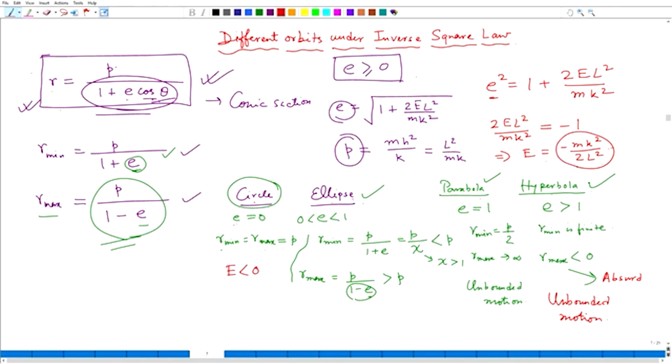For ellipse, once again I can just check here, you see that already we know that for closed trajectories your E will be negative. I am again cross checking from these aspects as well.